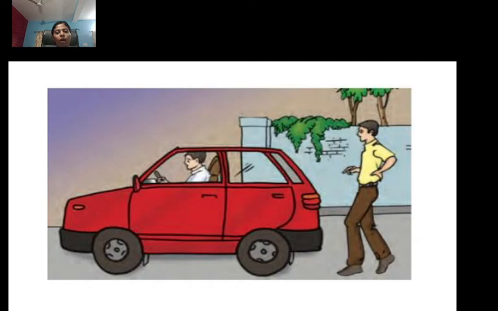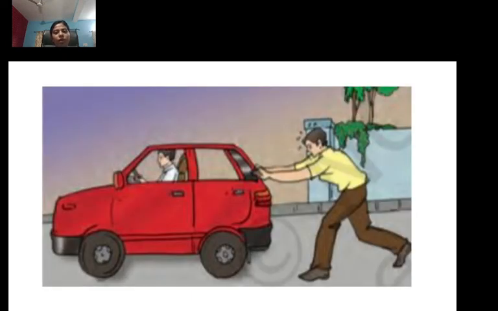Now, what is happening next, student? In this image, what is happening? As soon as the man starts pushing, the car moves, right? This man is trying to push the car and then the car moves, right?